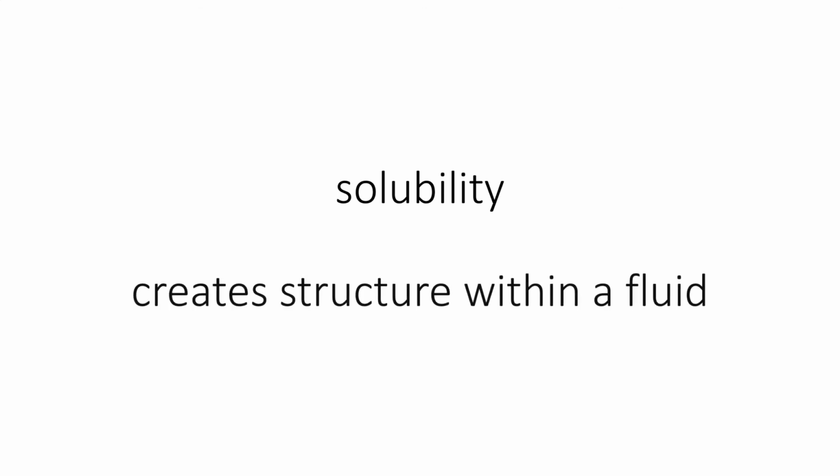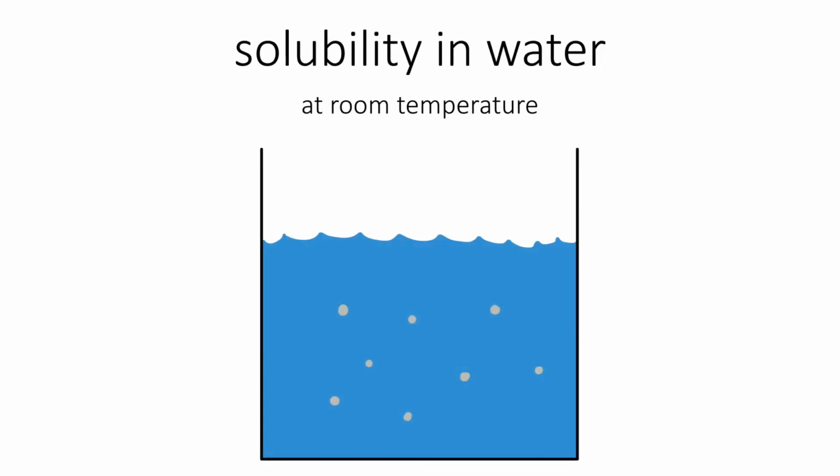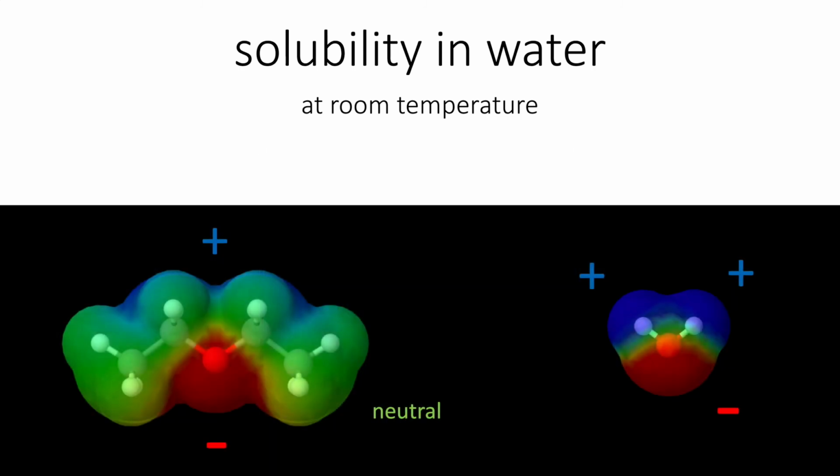Another physical property that's important is solubility. Solubility is significant because it creates structure within fluids. Let's think about how soluble diethyl ether is in water at room temperature. Solubility, whether molecules mix or not, really has to do with how many charges are spread out over the molecules.